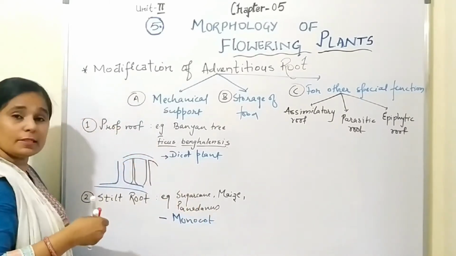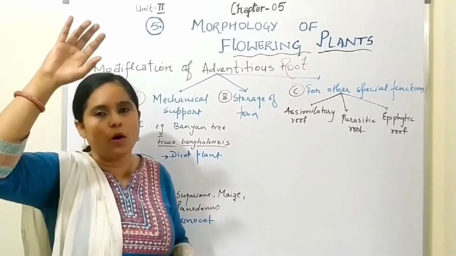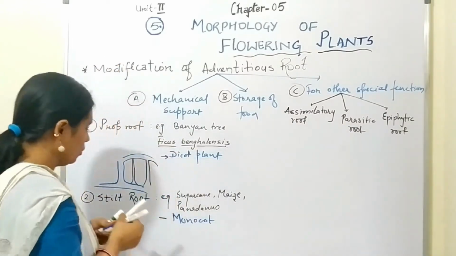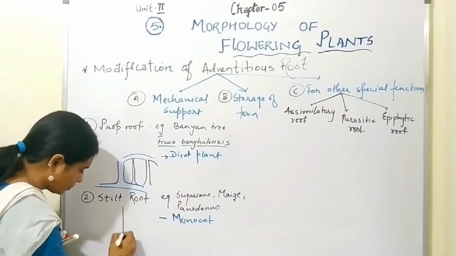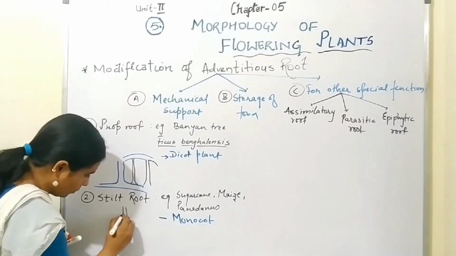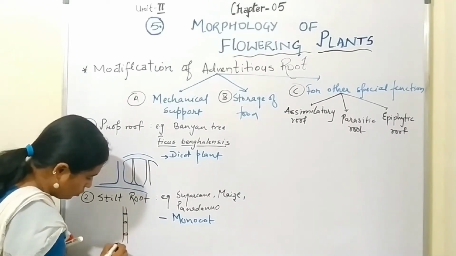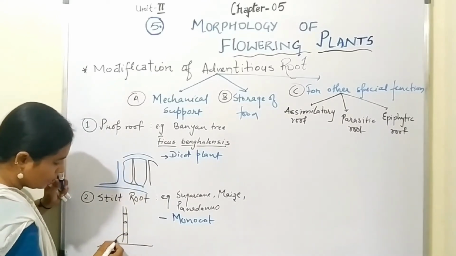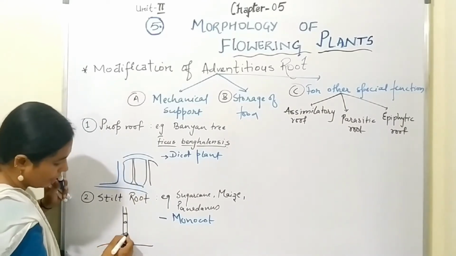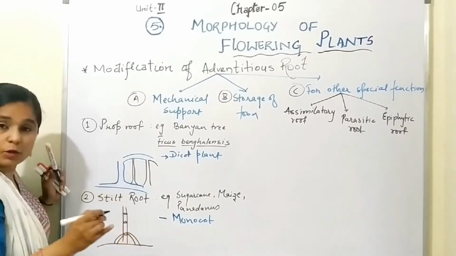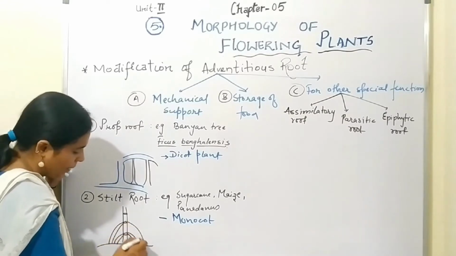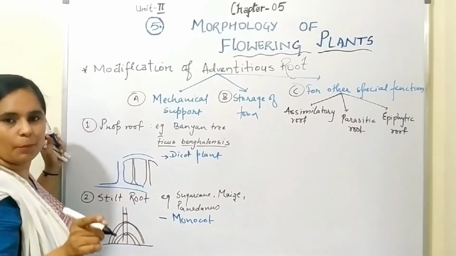In this, you will see the stem is very long. The stem goes to a very good height. So, in that case, these are the nodes. From the lower nodes, you will see the roots are coming and they are moving towards the ground and giving the plant extra support.